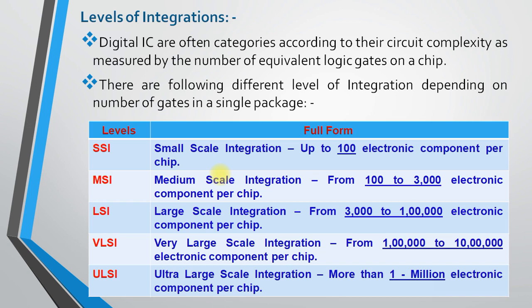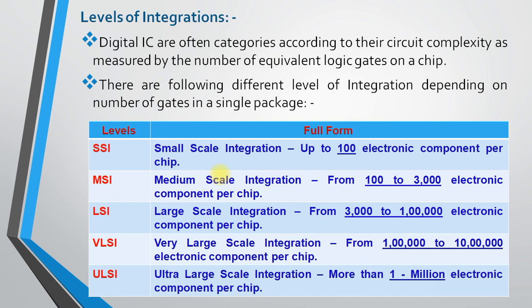That means if you want to attach more than 3000 electronic components, at that time you need to purchase LSI from the market. And the range of LSI is between 3000 to 1 lakh. Now see, when there is a requirement of attaching more than 1 lakh electronic components in a single chip, at that time you need to purchase VLSI.